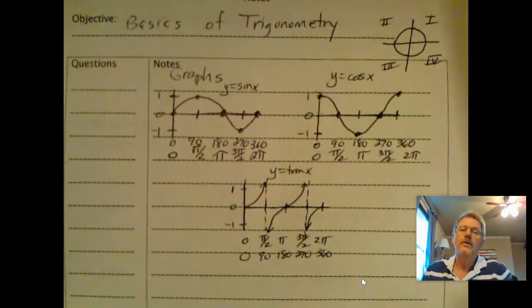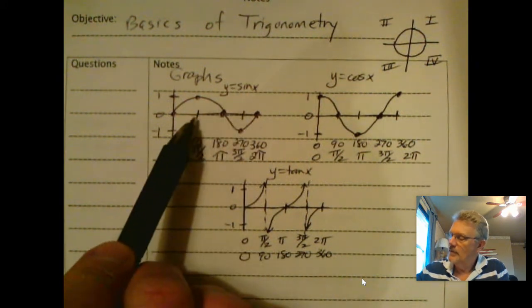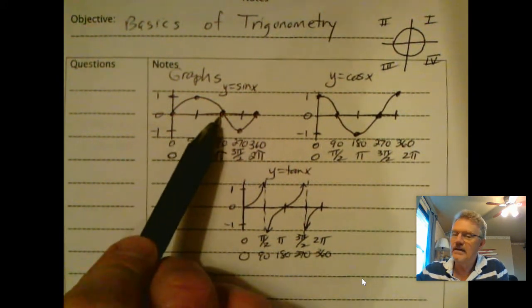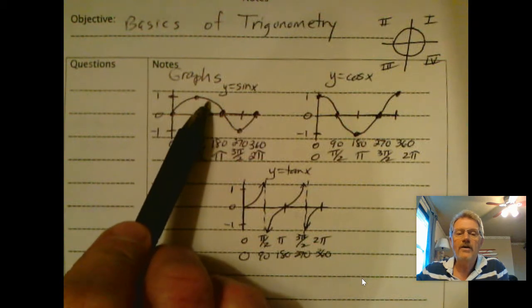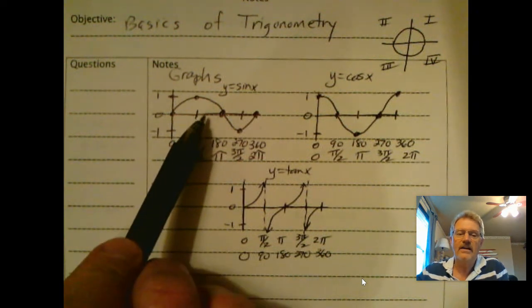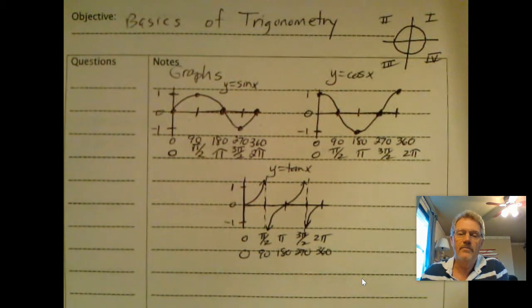So questions you could be asked. In the second quadrant, is sine positive or negative? The second quadrant is between 90 and 180. All the y values are above the x-axis. So in the second quadrant, sine is positive. In the third quadrant, is cosine positive or negative?